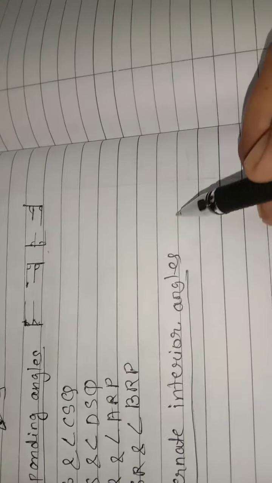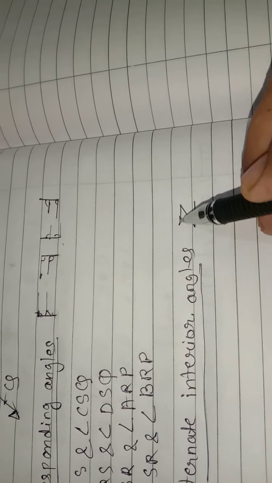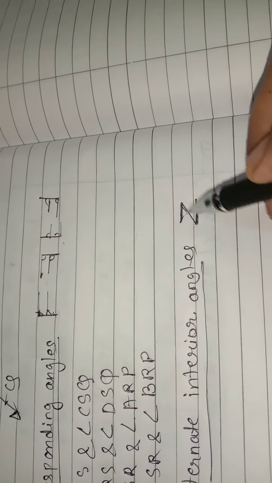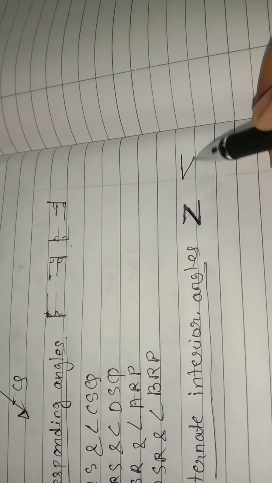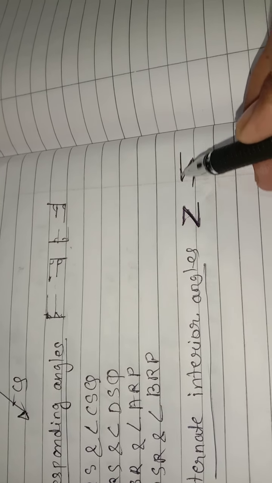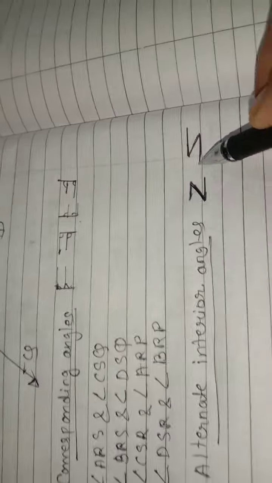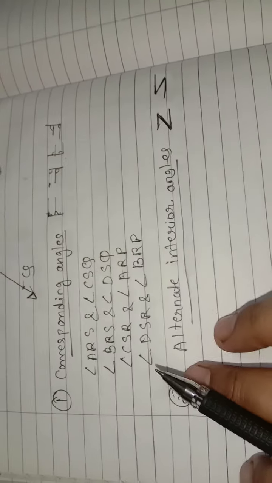Alternate interior angle means what? Z. Once again, these two parallel lines are there, intersected by the transversal. Now the lateral image like this, intersected by what? Transversal. So how to write now?